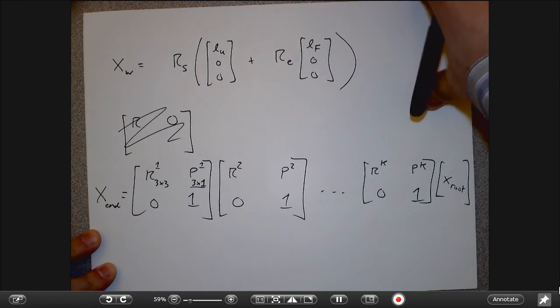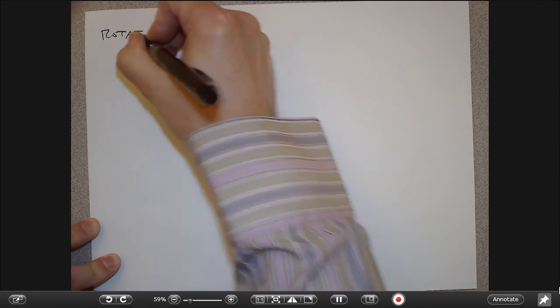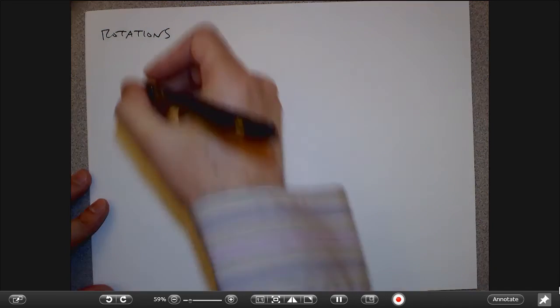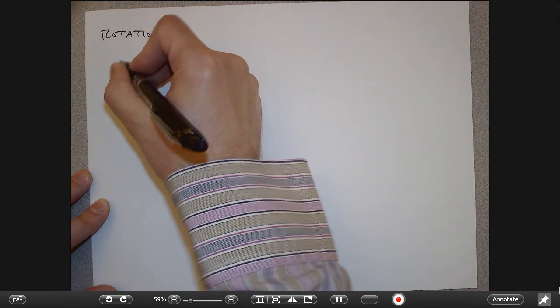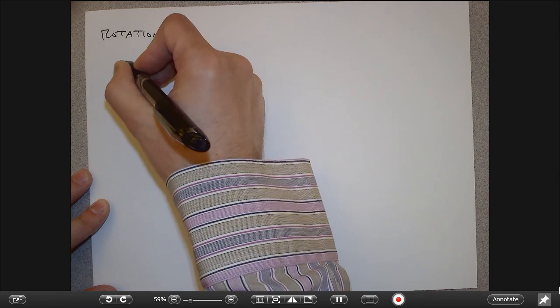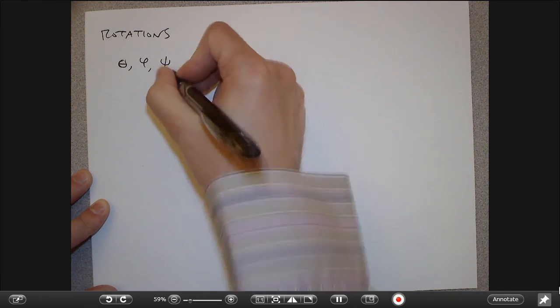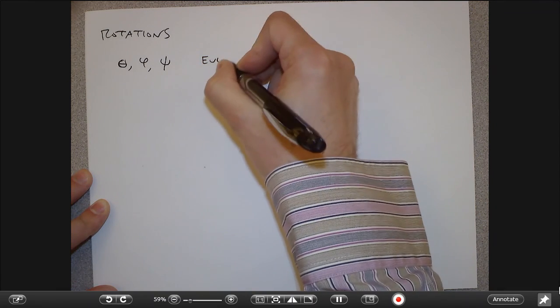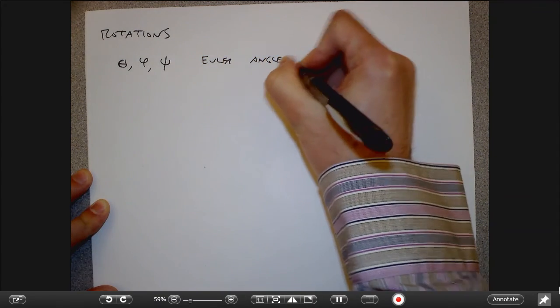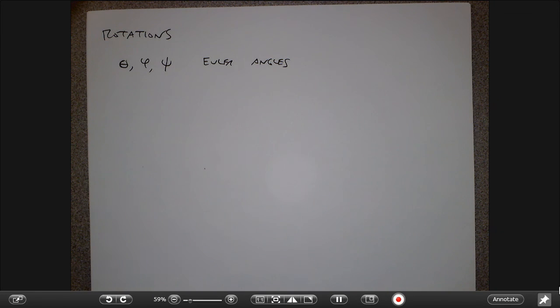Just as a quick aside, when you first learned about rotations in, I don't know, multivariate calculus, you probably saw things like theta, phi, and psi. These would be Euler angles that tell you pitch, yaw, and roll, if you've heard of that from a more aeronautical world. That's the way you would specify angles when you first learn about them.